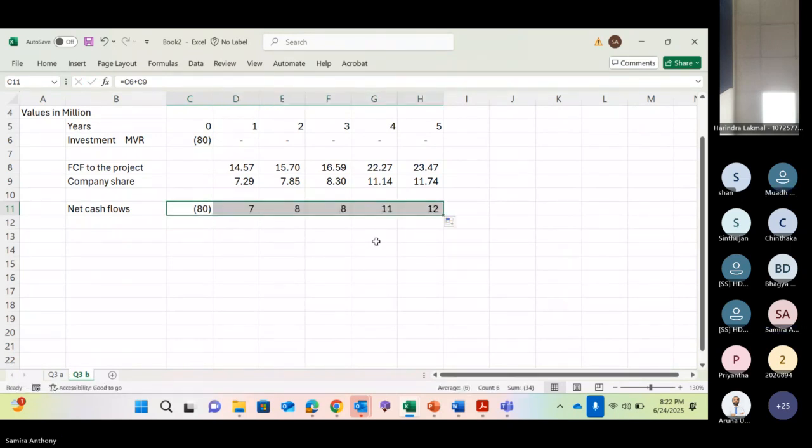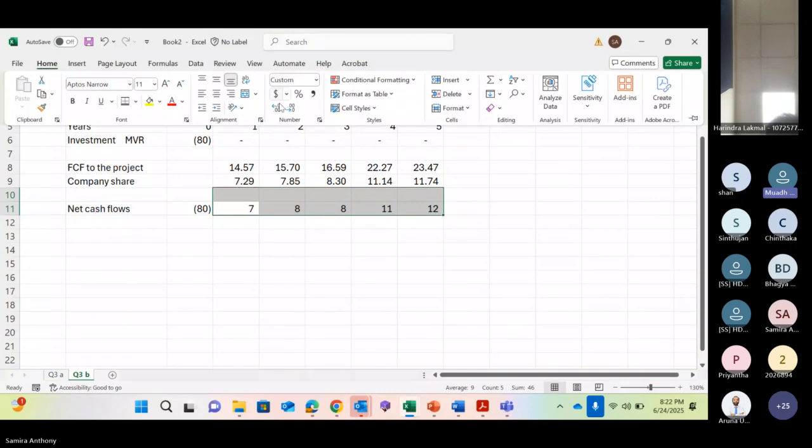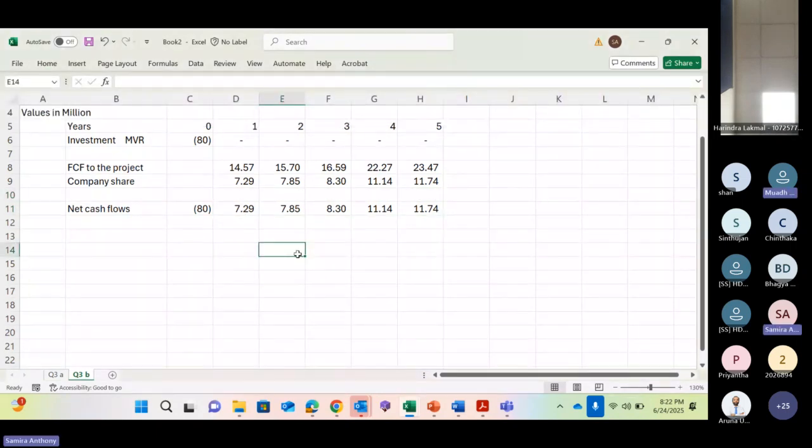Sir, this forecast prepared by the assistant accountant, they deducted the loan repayment also. That can not be correct, no? As the shareholders, actually free cash flows to equity, right?